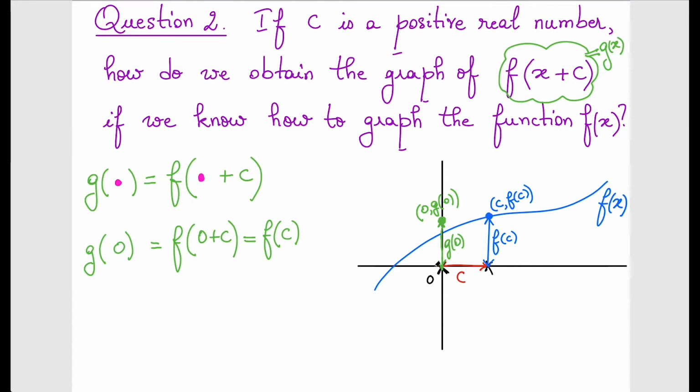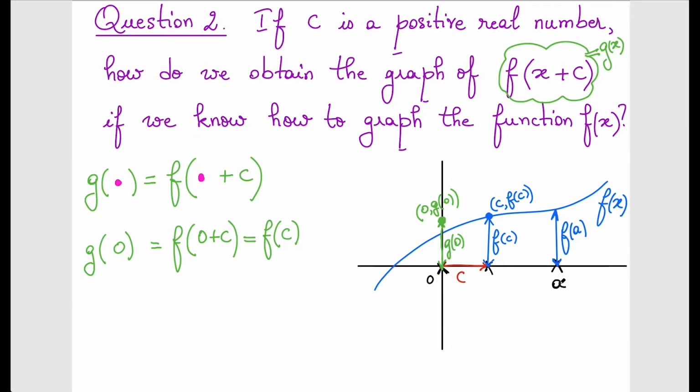Okay, so if you don't want to just go to point 0, let's say you go to a point A. Let's say this is the point A, and let's say at this point A, this is how much f of A is. So at what time does the function g produce what f produced at time A?